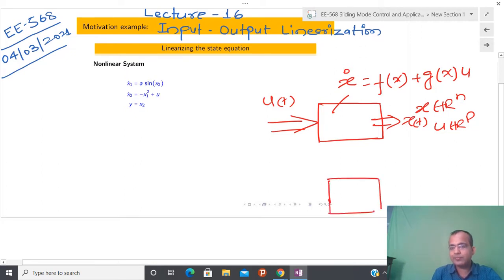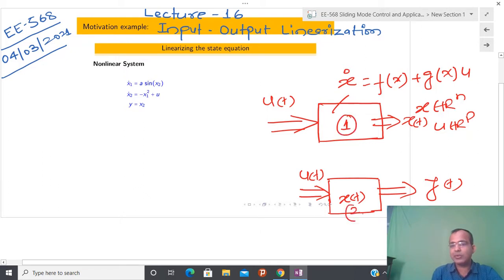I have an input, I have a certain kind of output y(t), and I have an intermediate state x(t), something like this. So here, this is configuration 1 and this is configuration 2, and you can see what our basic idea is.